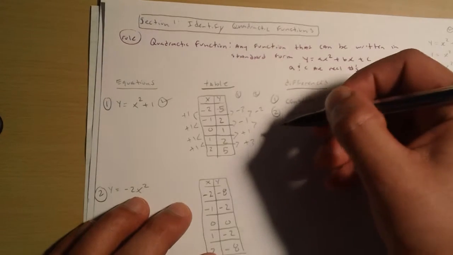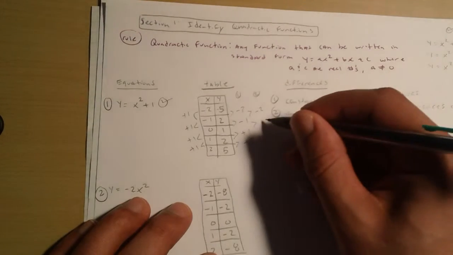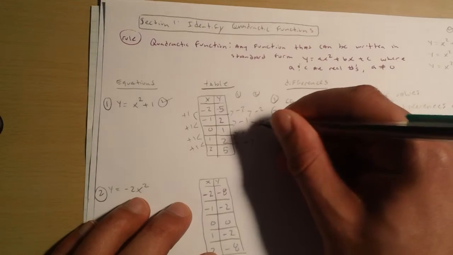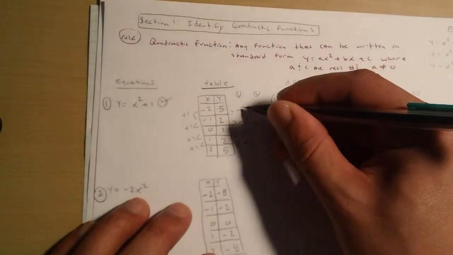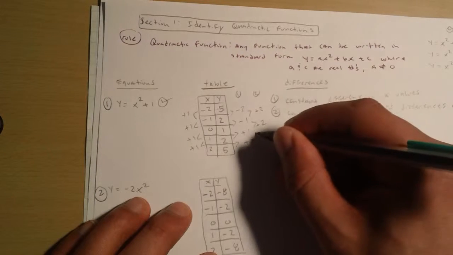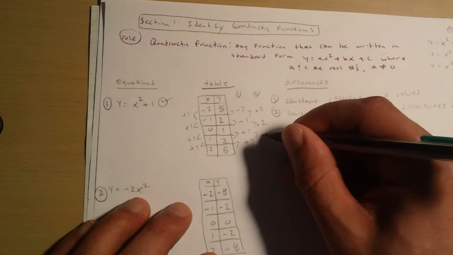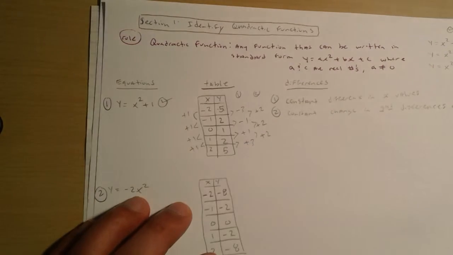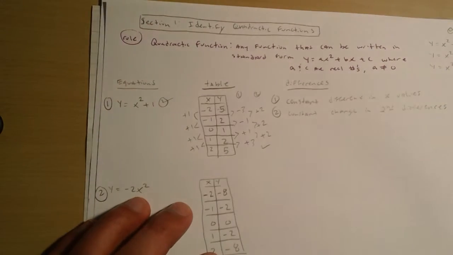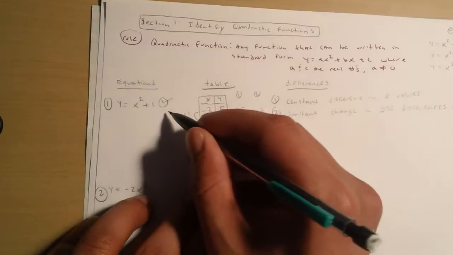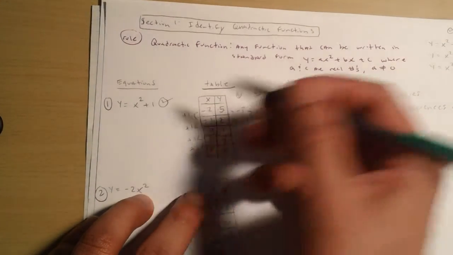Negative 1 minus 1 will be a negative 2. Sorry, positive 2. Negative 1 minus 3 should be positive 2. And right here we have 3 minus 1, a positive 2. So we have a constant change in our second difference of y values, meaning that this is a quadratic function, just like we showed over here.